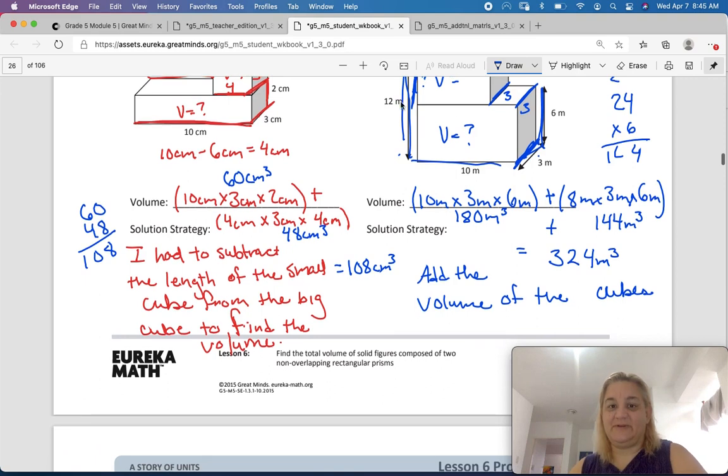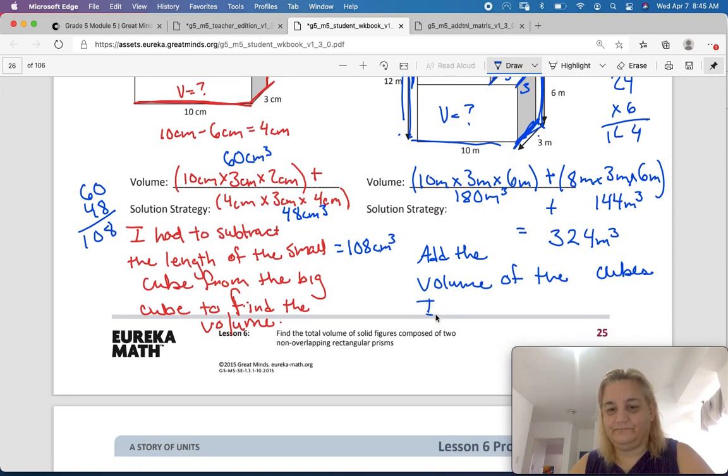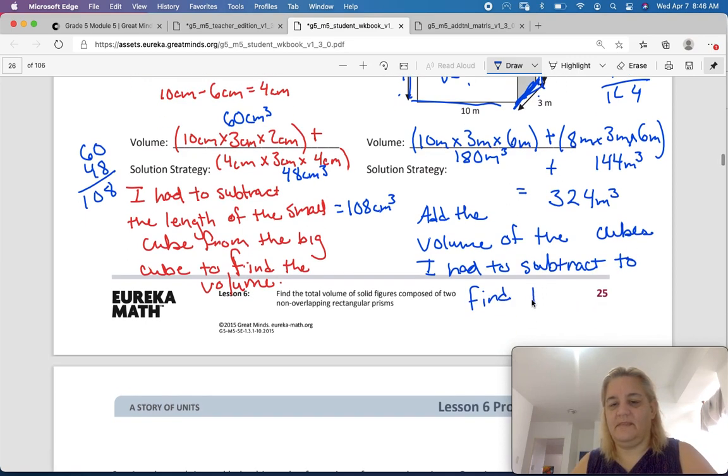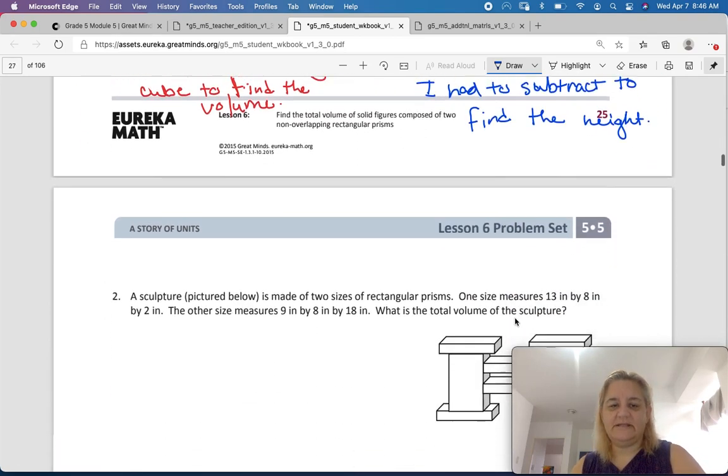But I also had to subtract to find the height. Okay. All right, next page.